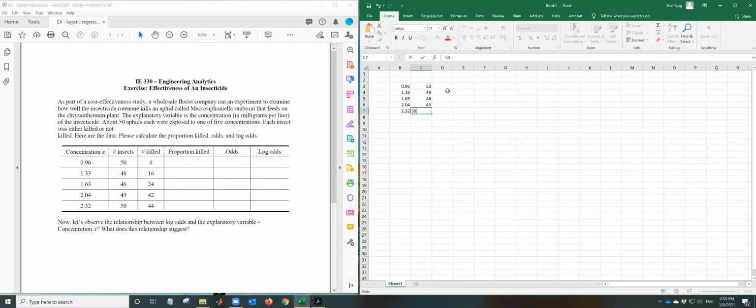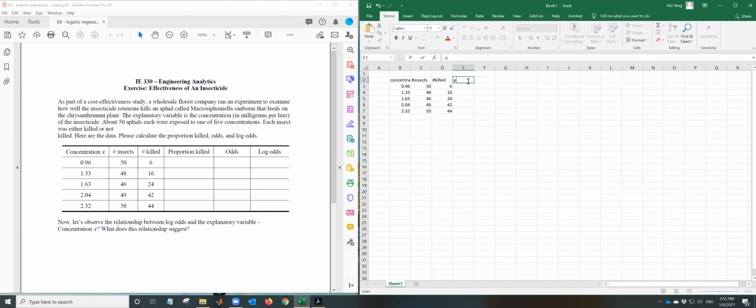How many of them are killed? There are 6, 16, 24, 42, 44. So this is the concentration. The next one is number of insects. And this one will be the number killed.